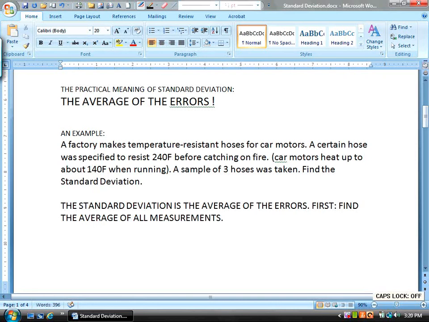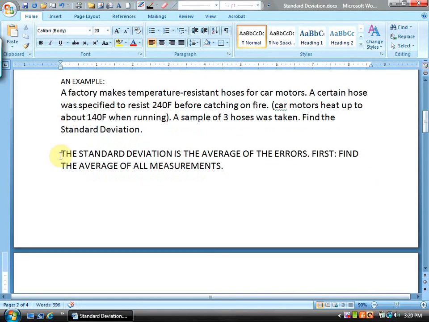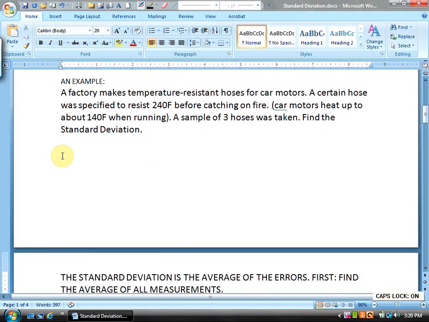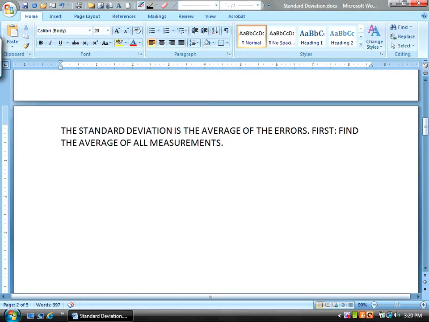We need that average first. So we take the hoses and measure how much temperature they resist. We take them to a lab and heat them, and at the point when they start melting, that's the melting point, and we don't want the hose to reach that temperature. That's the max a hose can take.